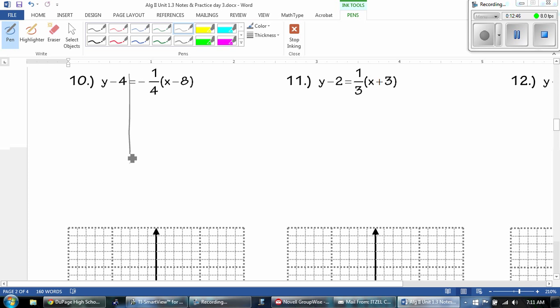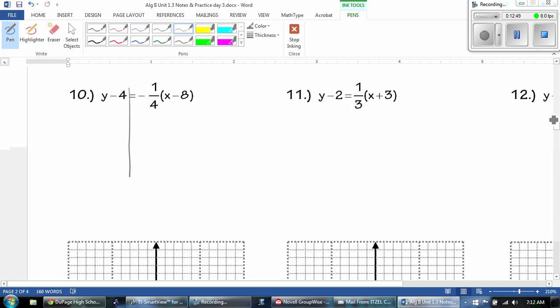Okay, so once again we have to distribute a fraction, and this time our fraction is negative 1/4. Negative 1/4 times x is a negative 1/4 x. And then a negative times a negative is going to make that a positive. 1 times 8 is 8. 8 divided by 4 is 2.